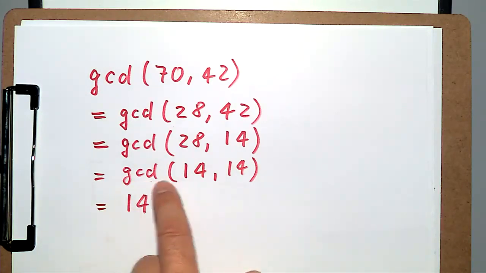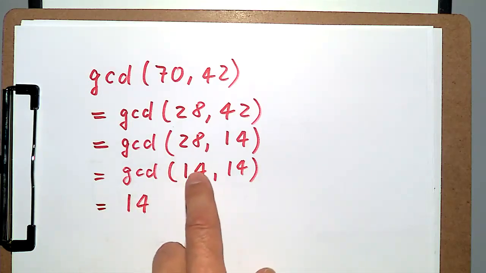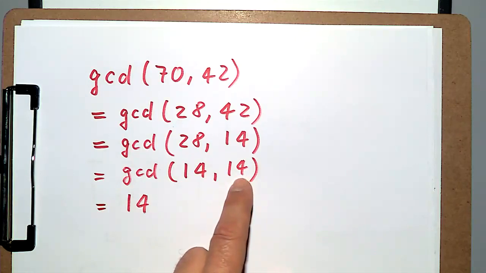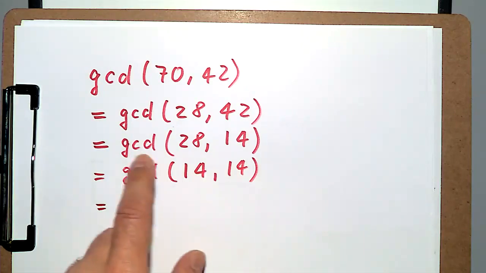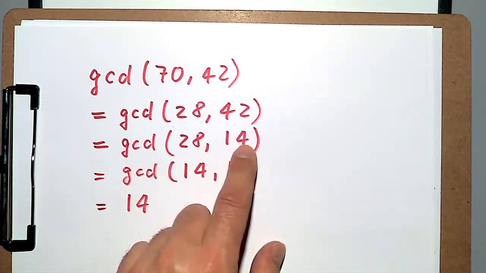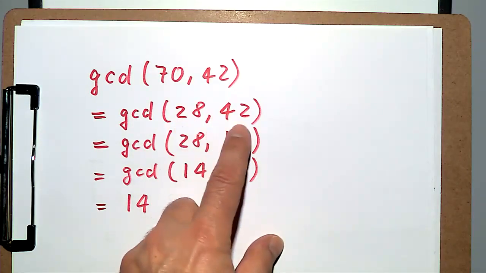That is, the greatest common divisor of 14 and 14 is really 14. I think this is obvious. 14 is a divisor of 14 and of 14, and of course it's the greatest common divisor. But it is also the case that the greatest common divisor of these two numbers is exactly the same as the greatest common divisor of 28 and 14. And that is the greatest common divisor of 28 and 42.